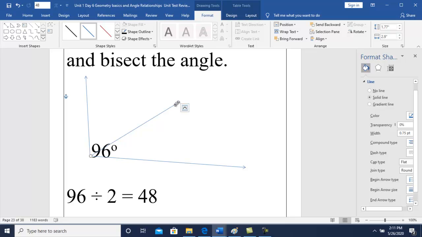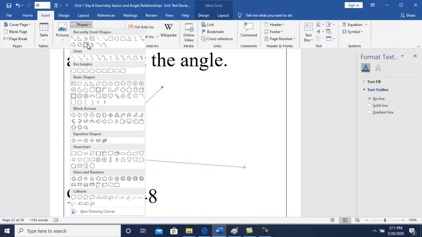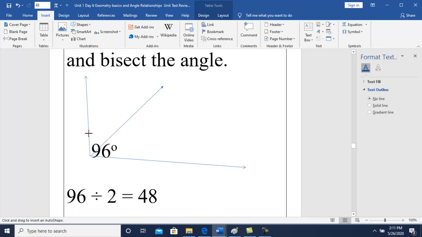It's a little low, so we're going to have to move that up. Closer. Then you're going to have to do some markings, like on this angle here.